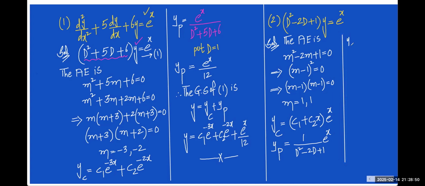yp is equal to... okay, now look at d square minus 2d plus 1. If I am replacing according to the rule, if you plug in the d value as the x coefficient, 1, we are getting the answer 0. The denominator answer is 0.